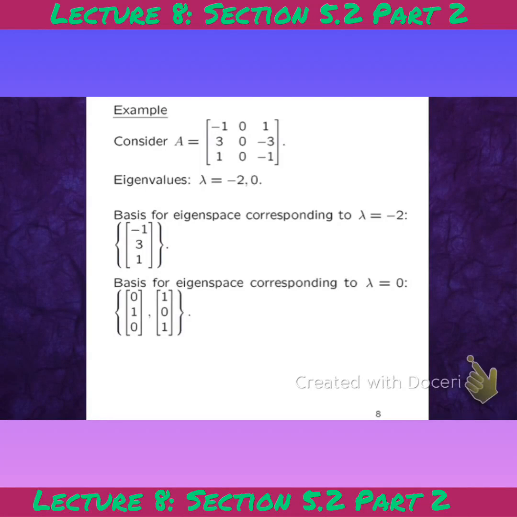Right, so if you look at this example here, again, as a quick illustration, if you go and work out the eigenvalues of this matrix, then we can find a basis for the eigenspace corresponding to lambda equals -2, and we found one vector there. And for lambda equals 0, you found 2 vectors, right?